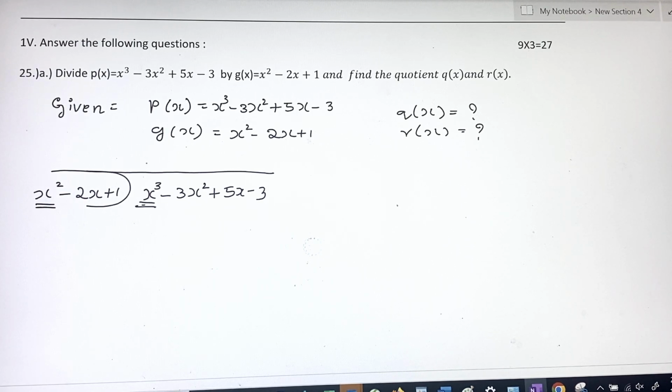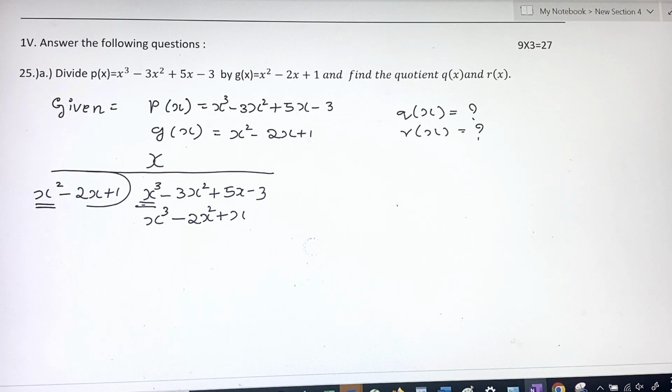So you write that value x in the quotient and now multiply this x to all these and write it here. That is x into x square is nothing but x cube. x into minus 2x is nothing but minus 2x square. x into 1 is nothing but plus x.